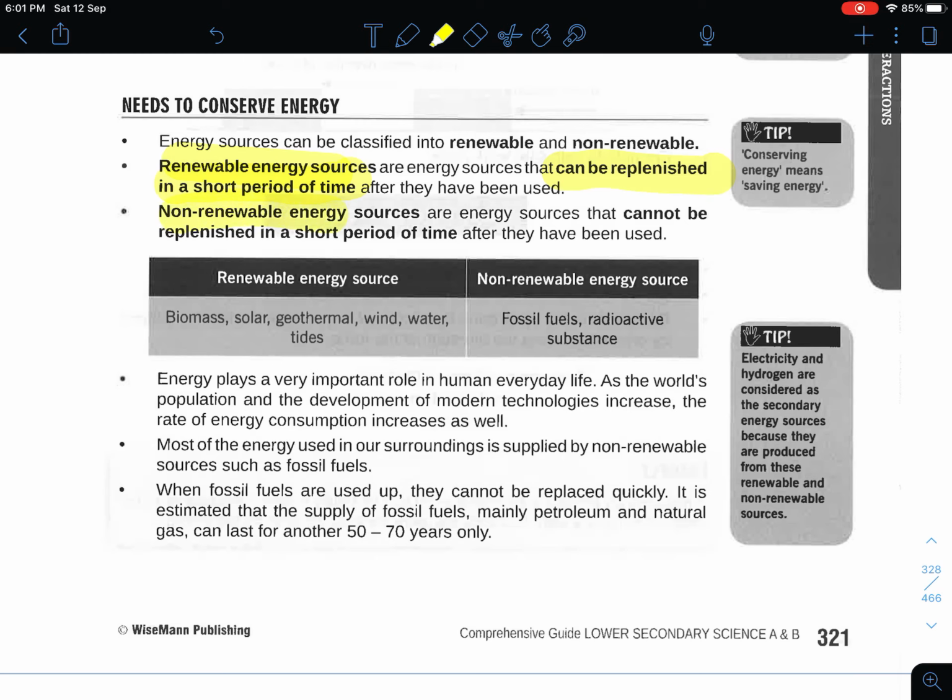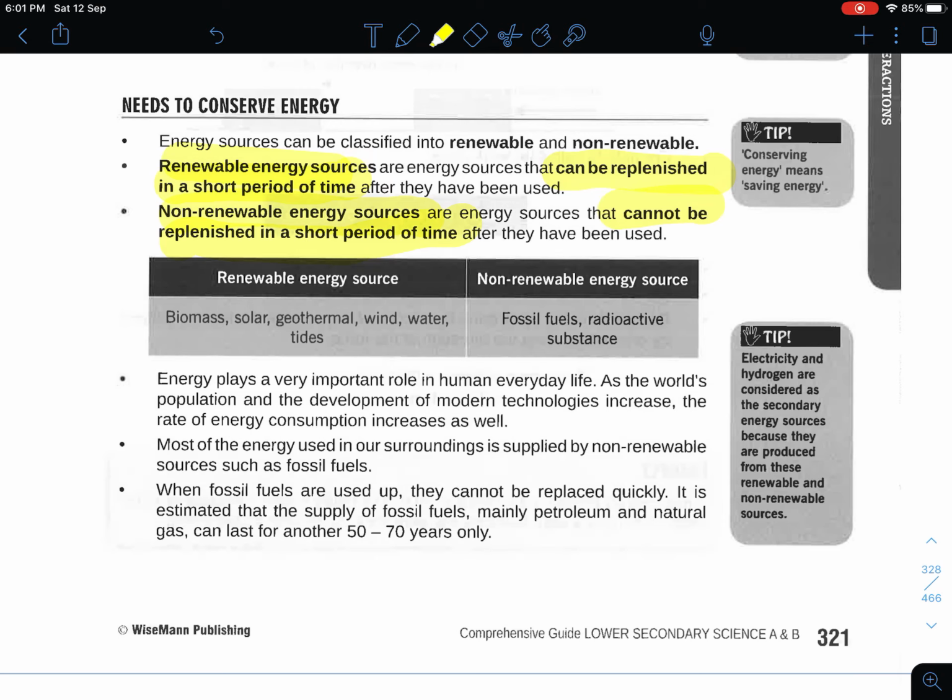Another one is non-renewable energy sources, sources that cannot be replenished in a short amount of time. For example, fossil fuel takes thousands or even millions of years to form, and you can't really speed up time that fast. So this is why fossil fuels are considered non-renewable energy sources.